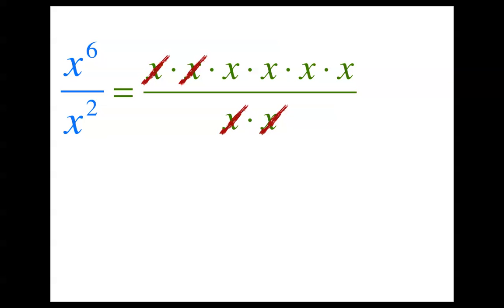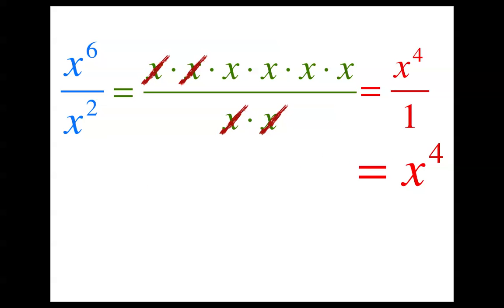And so, with those x's getting scratched off, you now only have 4 x's left on the top, so that's x to the 4th, and it's just x to the 4th over 1, or just x to the 4th.